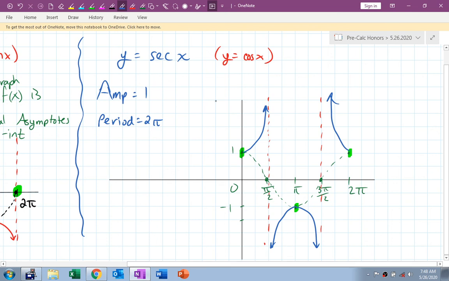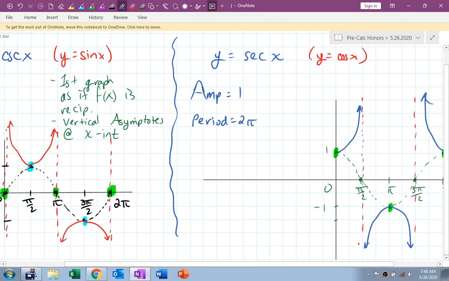You would follow exactly the same thing if you were to shift them left and right, up and down, different amplitudes, different periods. Everything's exactly the same. Just follow those 2 steps, and it shouldn't be that bad. So graph the reciprocal, find the vertical asymptotes, and I guess the last step is to sketch the parabola shapes.